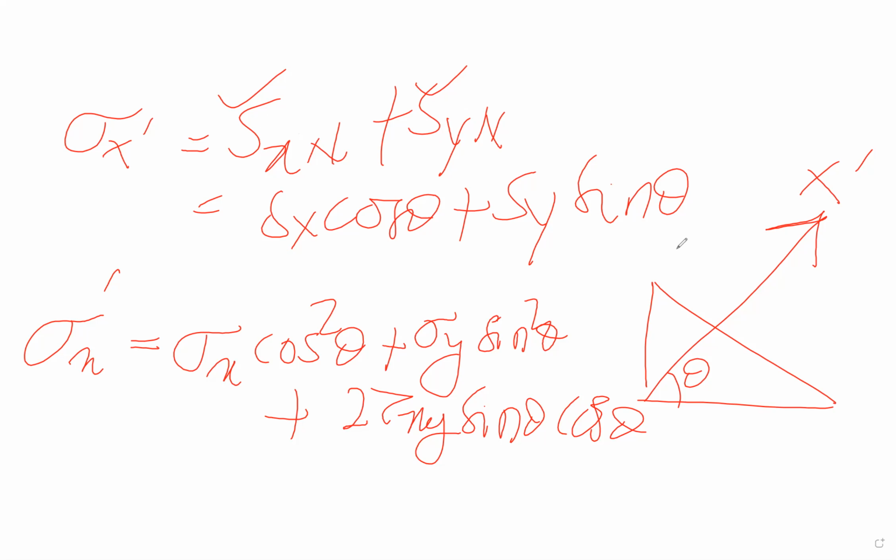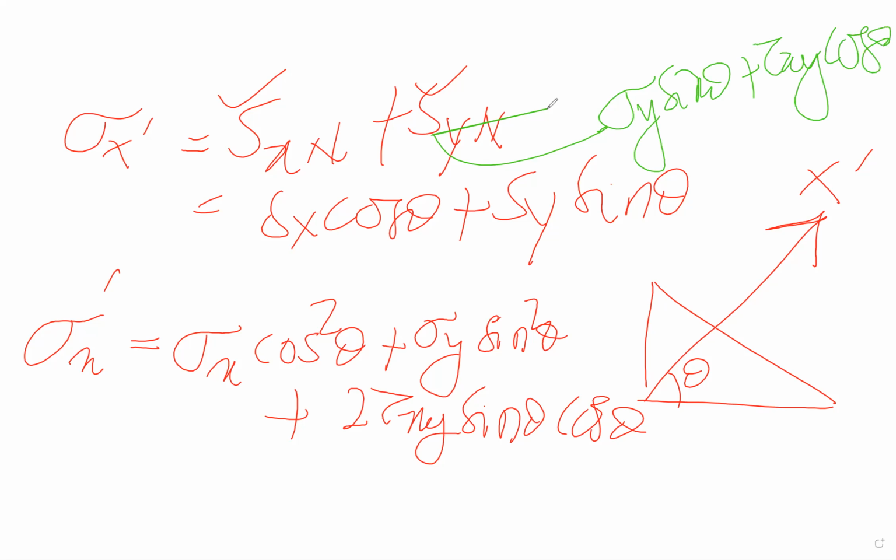As we derived before, Sy is sigma y sin theta plus tau xy cos theta, and Sx is sigma x cos theta plus tau xy sin theta.